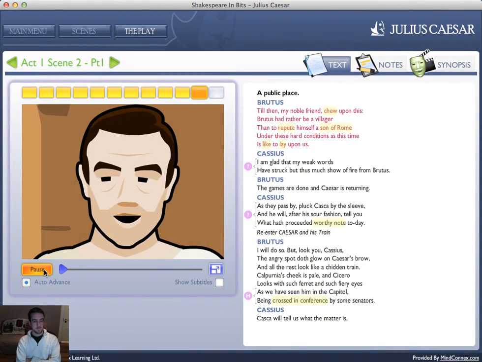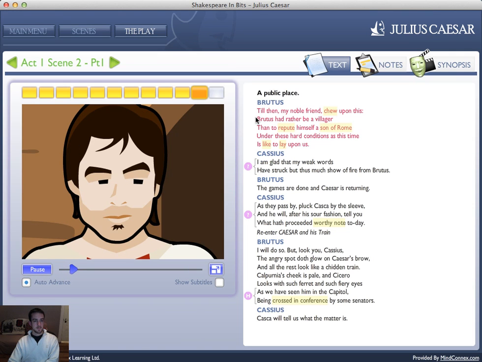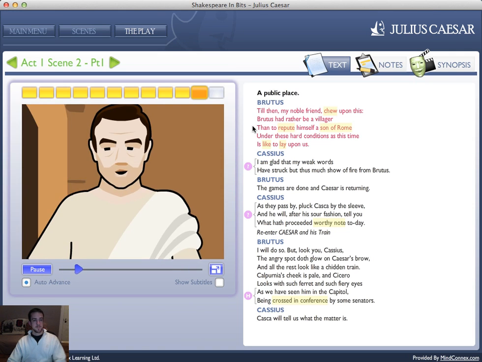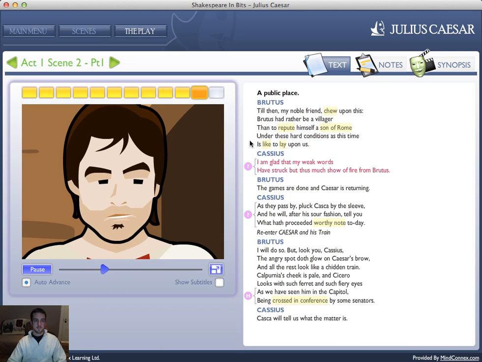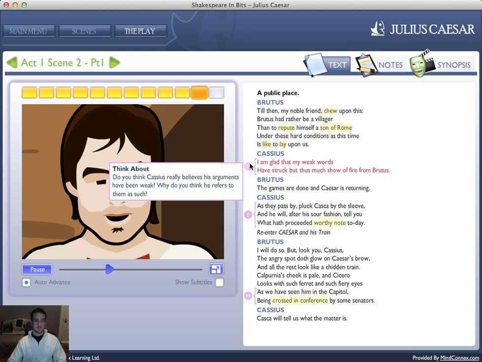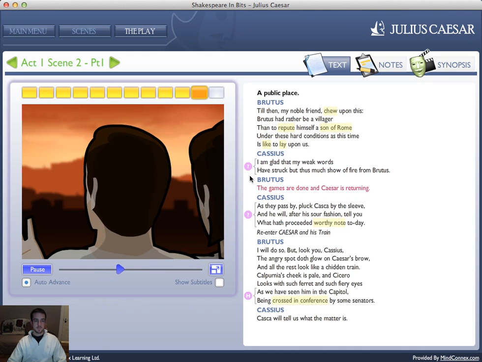Till then, my noble friend, chew upon this. Brutus had rather be a villager than to repute himself a son of Rome under these hard conditions as this time is like to lay upon us. I am glad that my weak words have struck but thus much show of fire from Brutus. The games are done, and Caesar is returning.